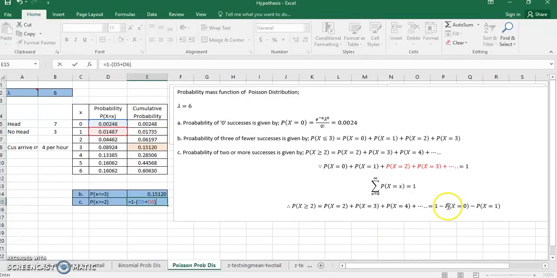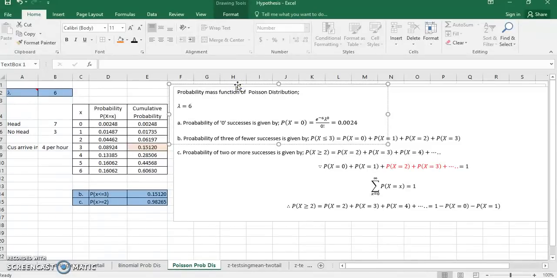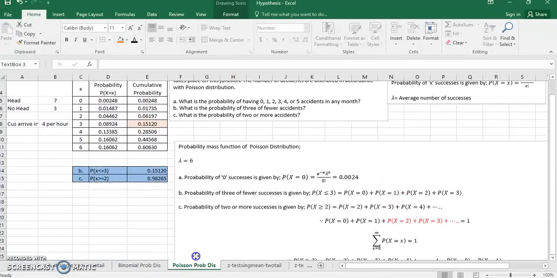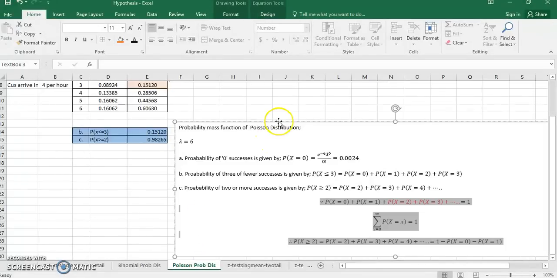So if you drop a bracket here and close these two terms in parentheses, this sign will go plus, and I hit enter. That gives me the possibility that there are more than 2 accidents in a typical month, where the historical data suggests there are on average 6 accidents.